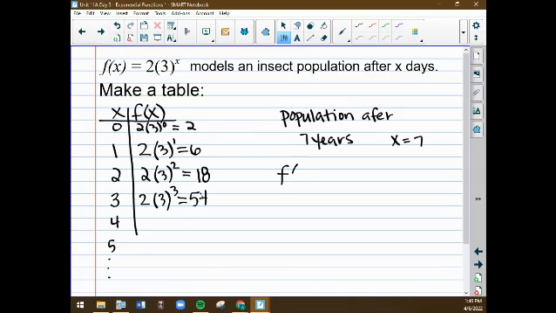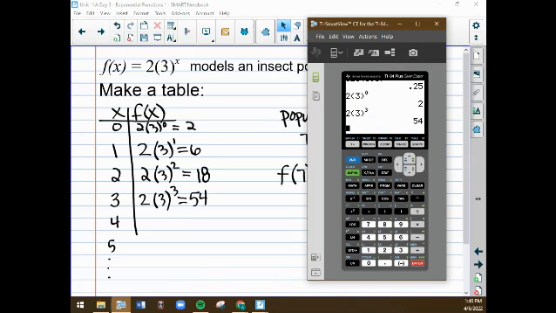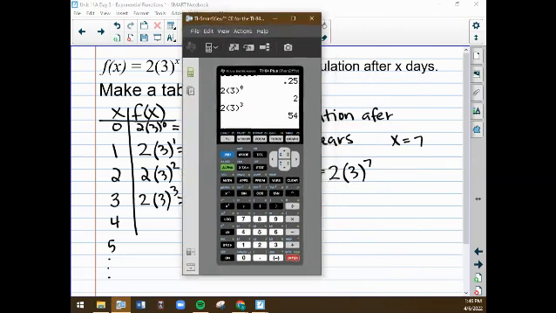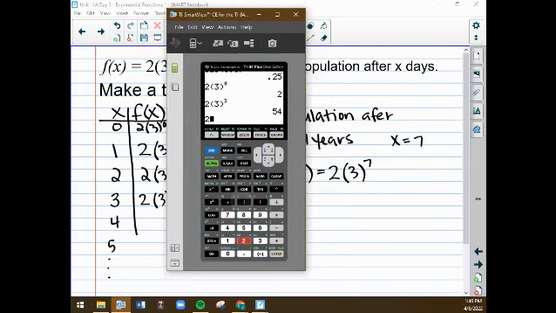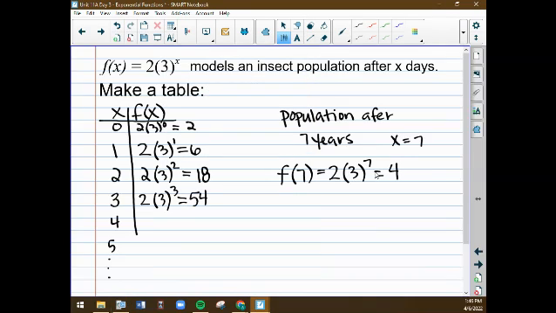If I use function notation, I'm going to find f of 7 equals 2 times 3 to the 7th power. And I'm going to plug that into my calculator. 2 times 3 to the 7th power, and I get 4,374. Okay, and that would be the insect population after 7 years.